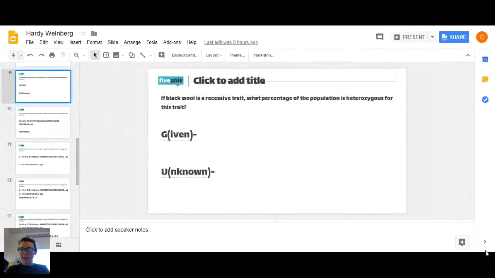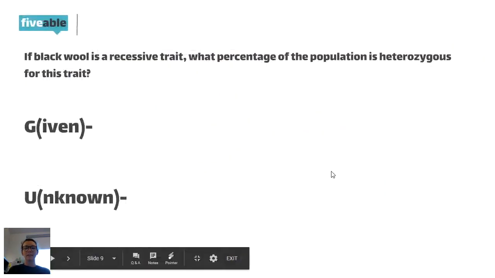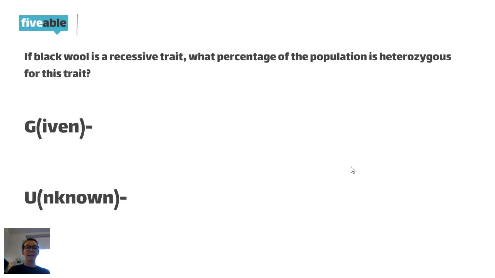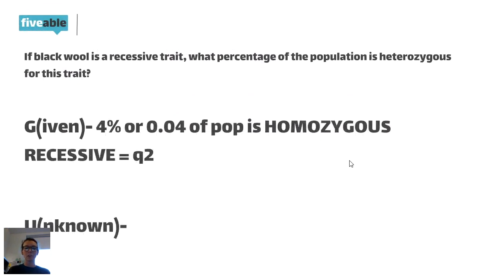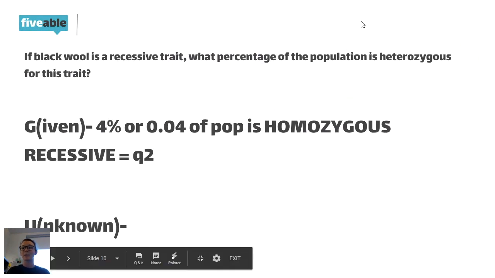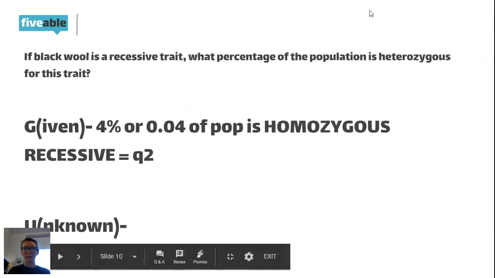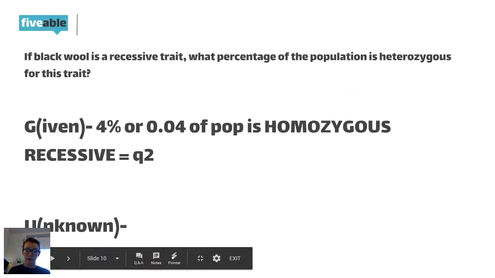So knowing that 4% of our population looks recessive, that means 4% of our population is homozygous recessive, and so we can set that 4% equal to Q squared. Changing that into a frequency, I make that 0.04 of the population homozygous recessive. That's equal to Q squared. That's what's given to us in the problem. That's what's usable in the problem.